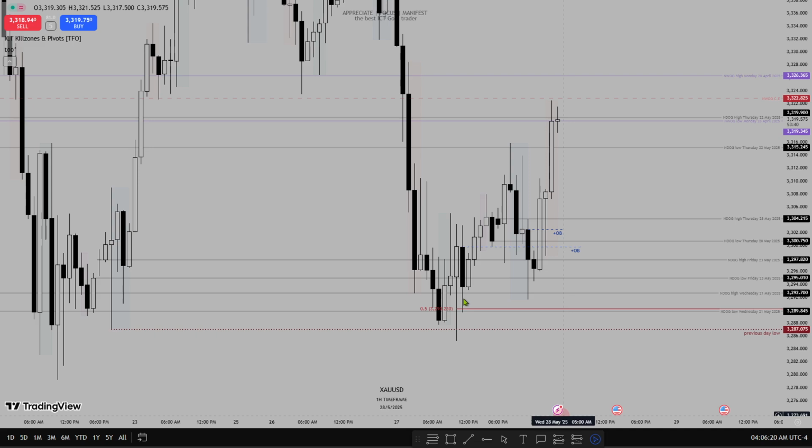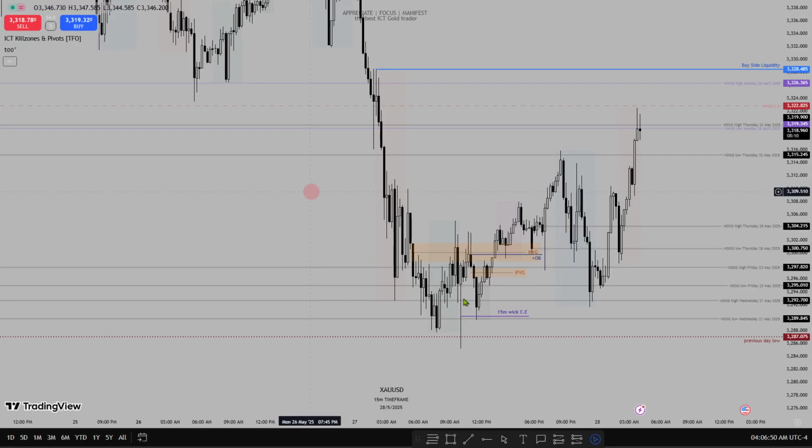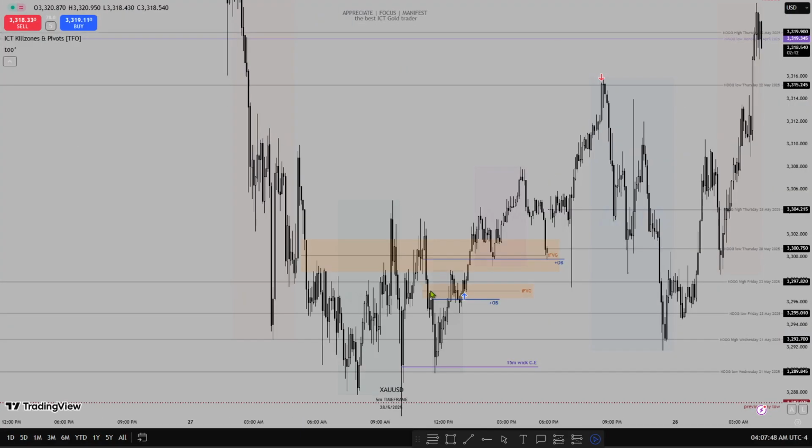This wick is also there on the 15-minute and on the 5-minute. See that? It's all there. Those are rejection blocks. It all forms from the 1-hour rejection block, and it can be refined to the 5-minute one.